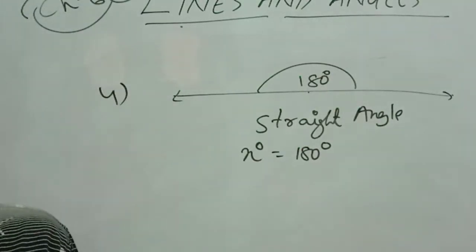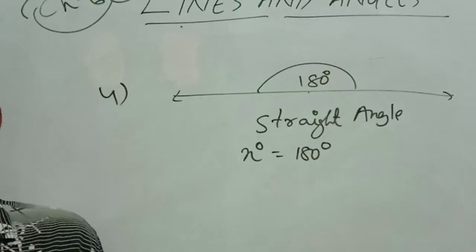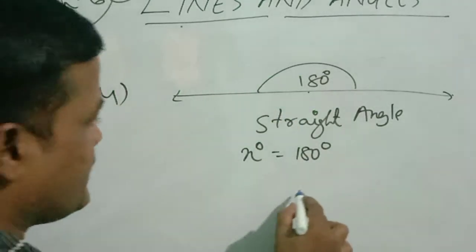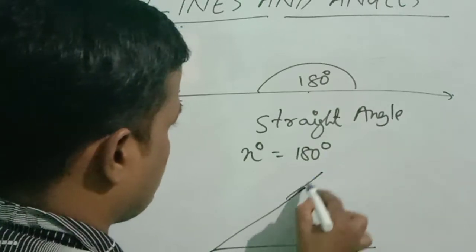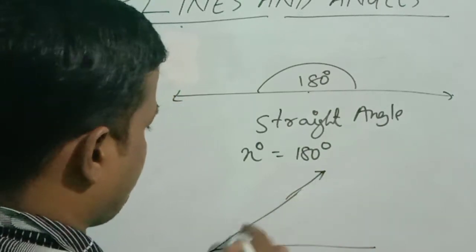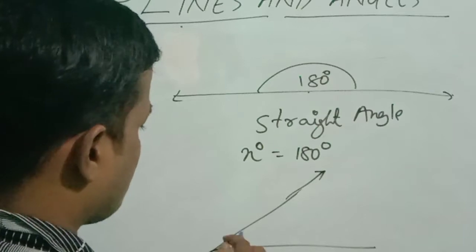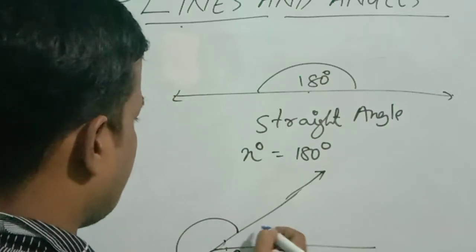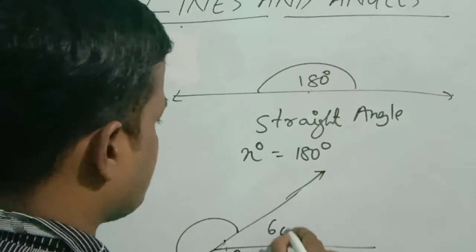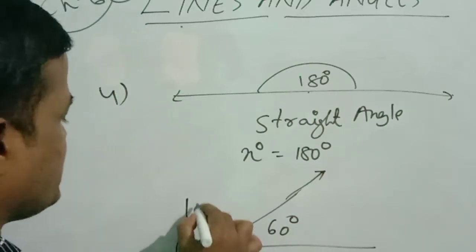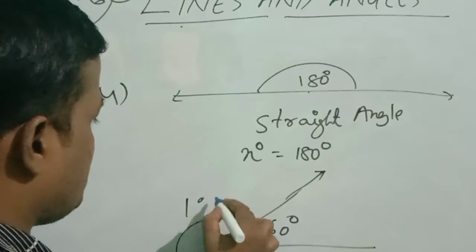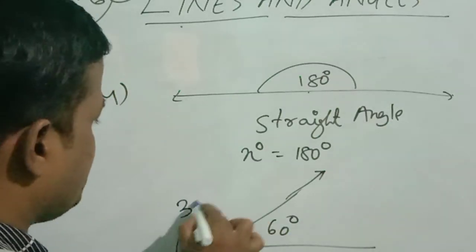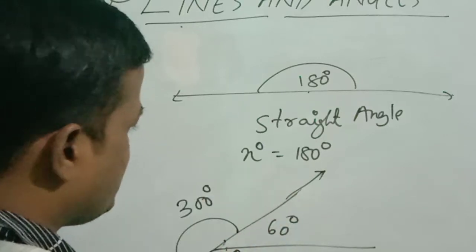Next, another one is the reflex angle. When we are measuring this outer angle, suppose this is 60 degrees, then the outer angle is not 120 degrees. This is 300 degrees, because the total is 360 degrees.